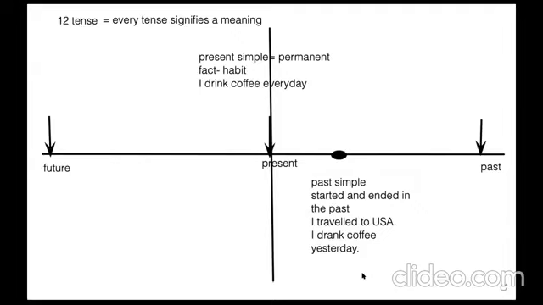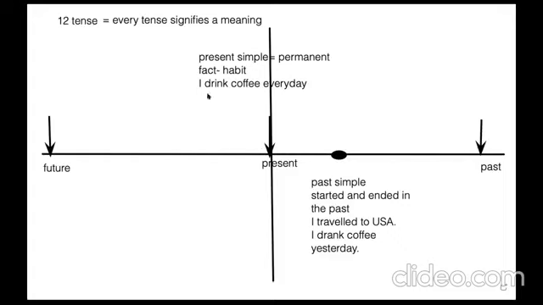When the speaker says I drank coffee yesterday, the speaker wants to say that this action happened just one time, right? But when I say I drink coffee, it's not one time. It happened in the past, in the future, and in the present, all right?